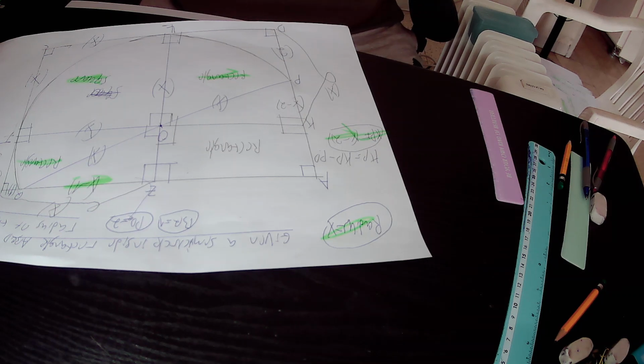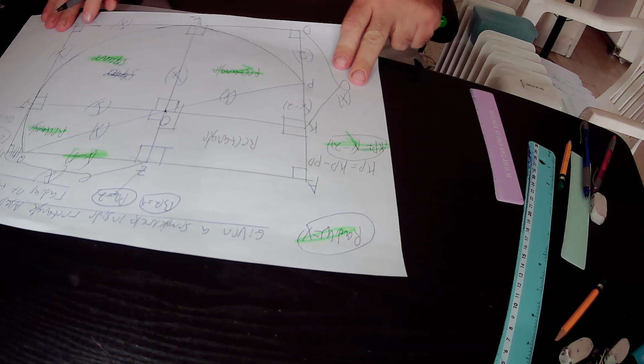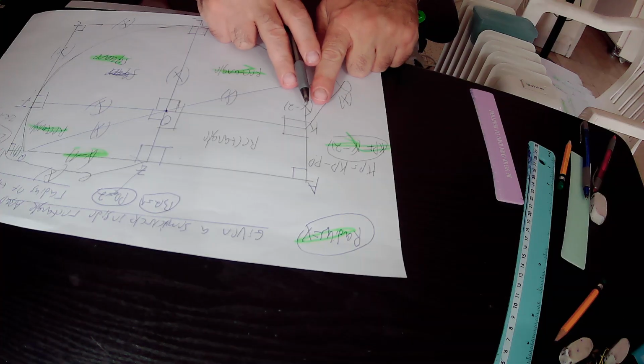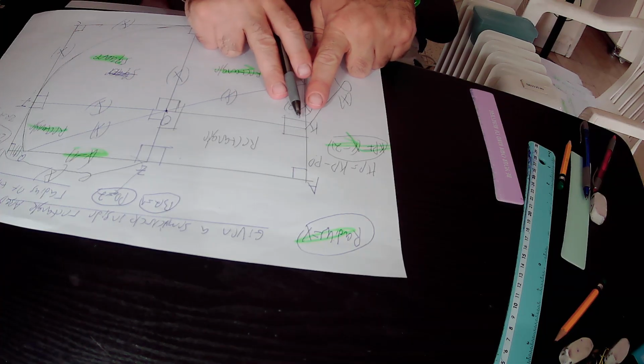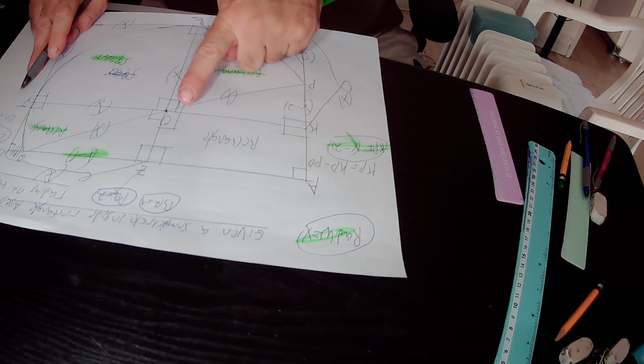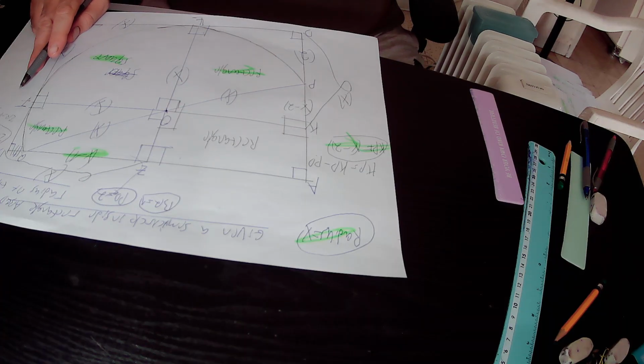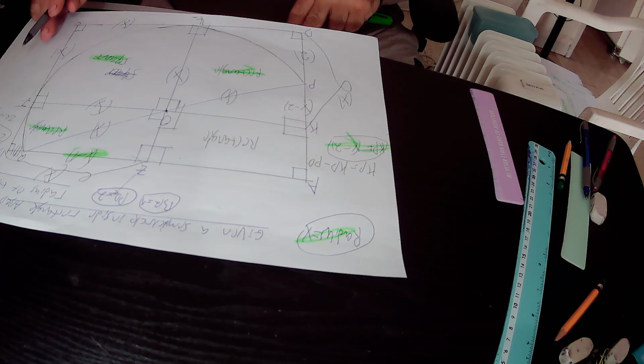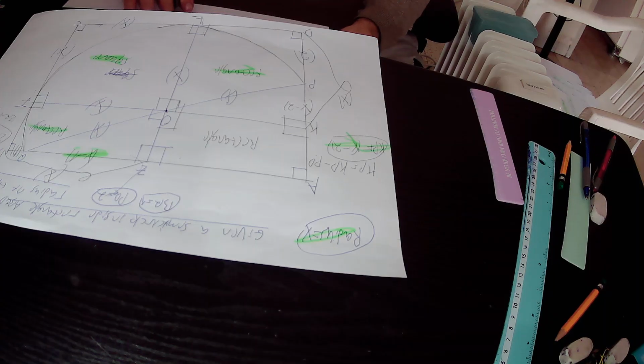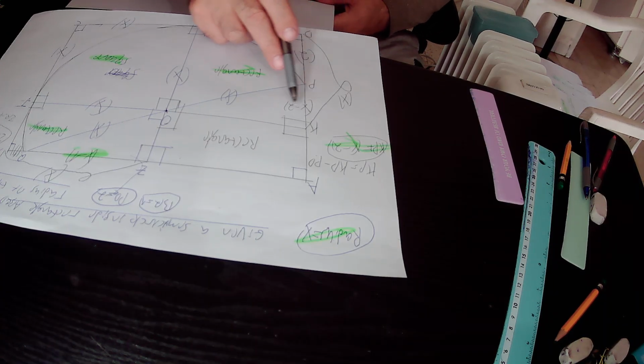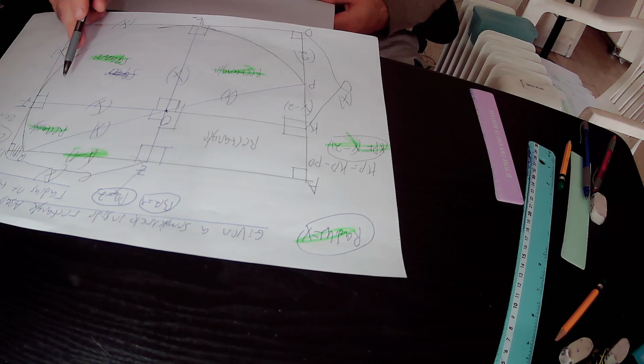This is angle KOT. The size of angle KOT equals 90 degrees plus 90 degrees, which is 180 degrees.